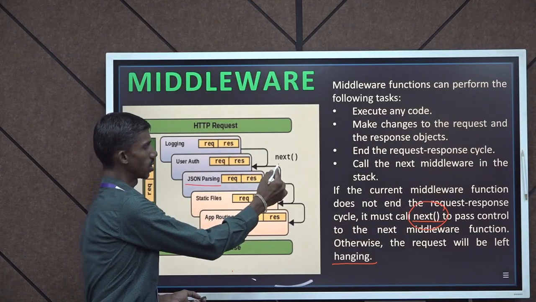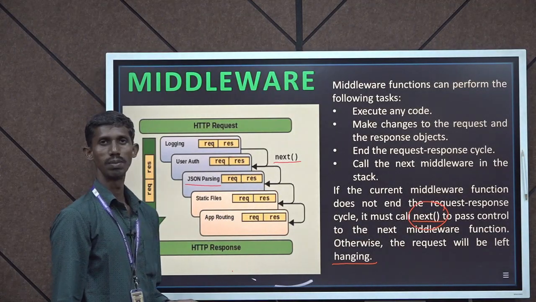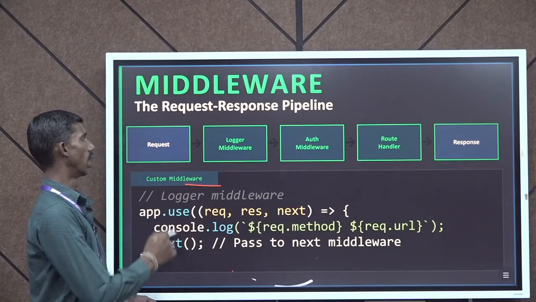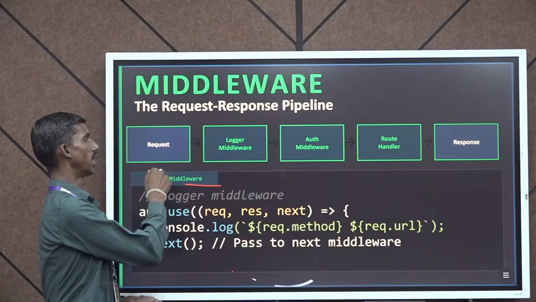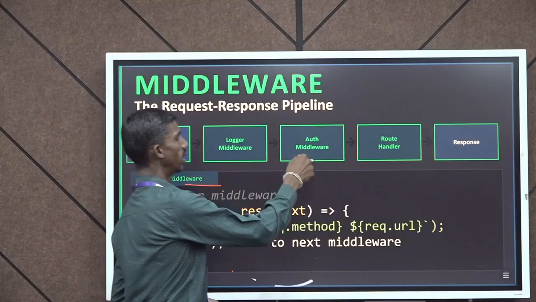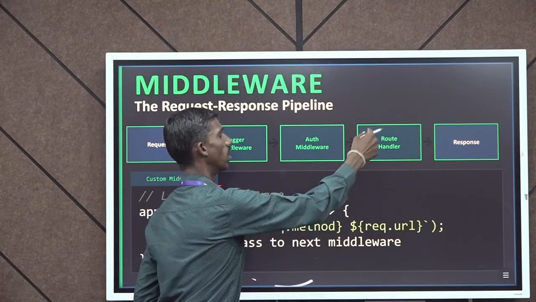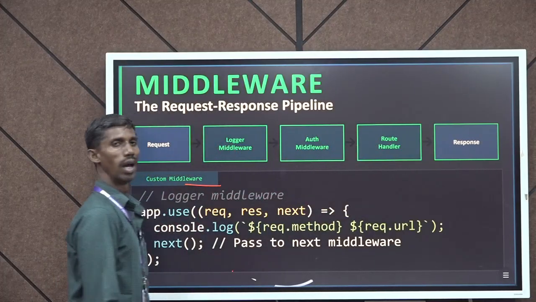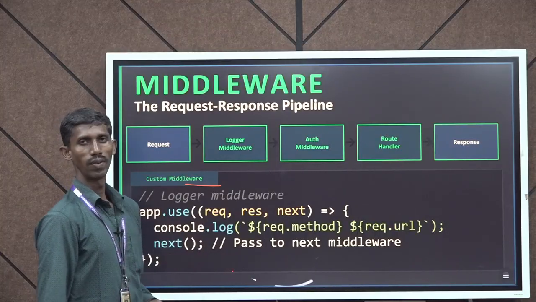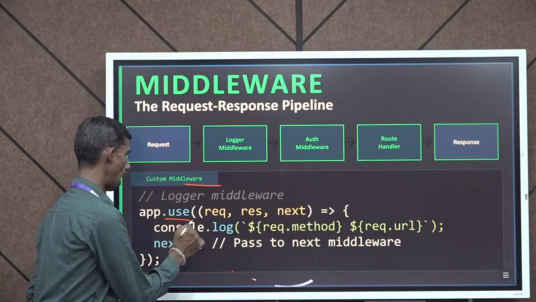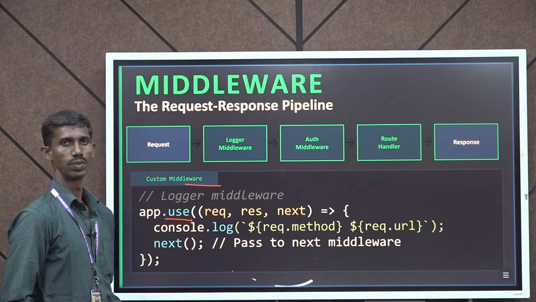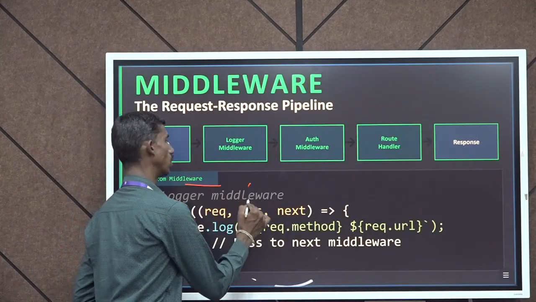For the successive things, we can have a next method. Look at this example. I already told you that the middleware lifecycle is just like a request, logger middleware, authentication middleware, static middleware, then route handler, and then finally we have a response. For that we have to use app.use. Here it is a function handler.